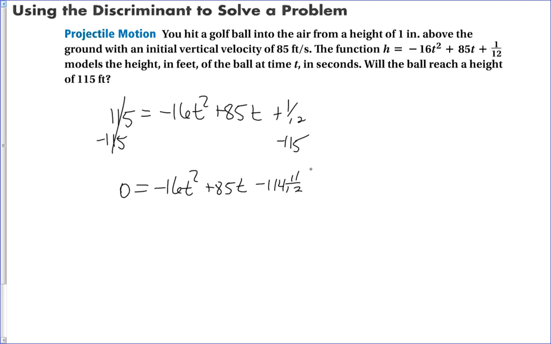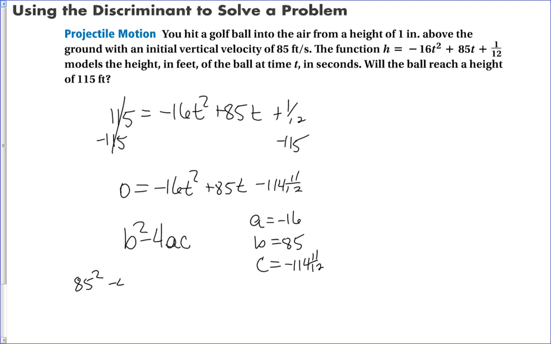All right, so now let's plug this into the discriminant. B squared minus 4ac. We know a equals negative 16, b equals 85, and c equals negative 114 and 11/12. So 85 squared minus 4 times a times c.